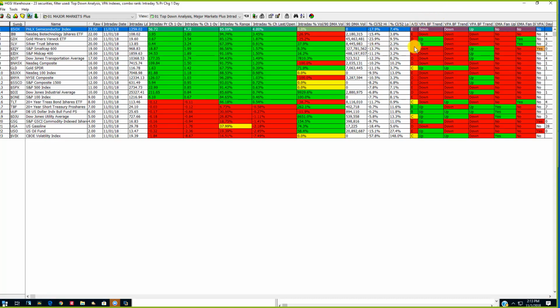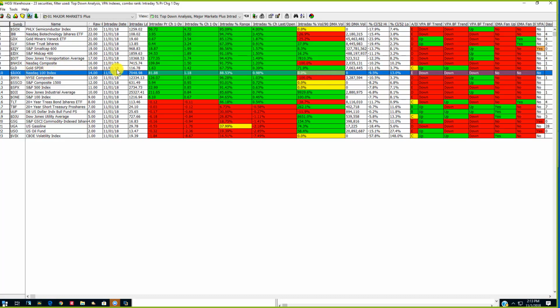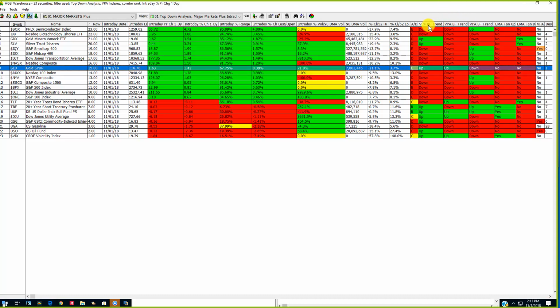Over here on this side, we have the accumulation numbers. The accumulation numbers will not be valid for any index that does not have volume, because that is a big component of accumulation. But if you look over here, these are the trends based upon the VPA trends that Matt put into the program. Here's long-term, medium-term, and short-term. And you can see that the short-term trends are turning up.